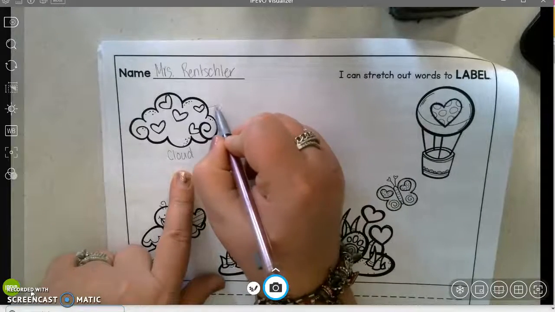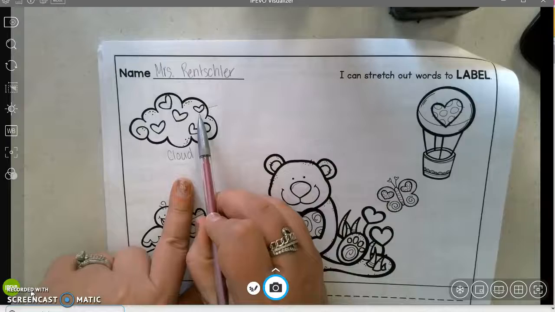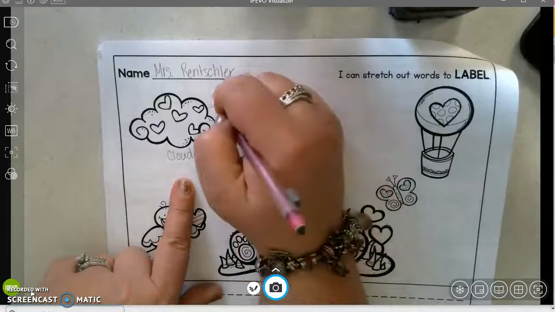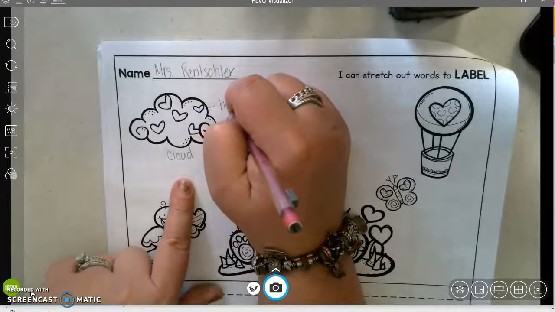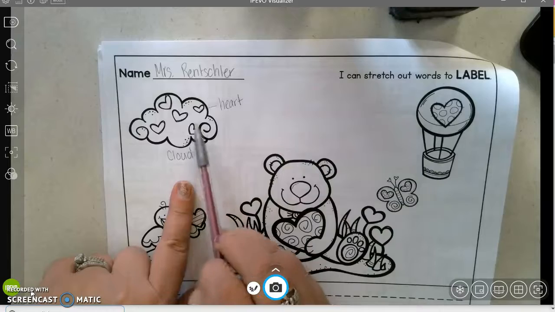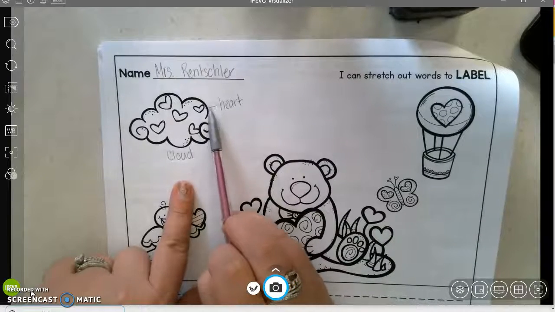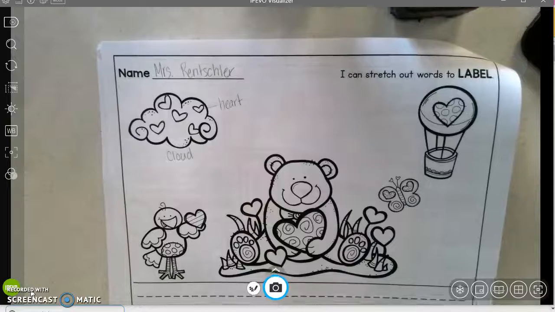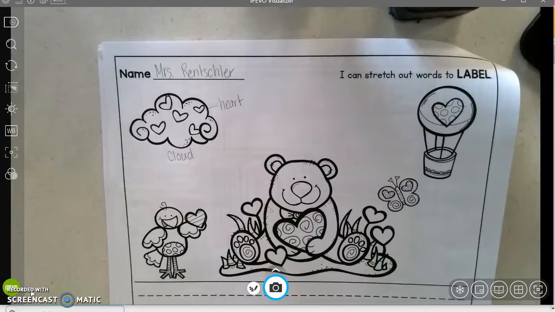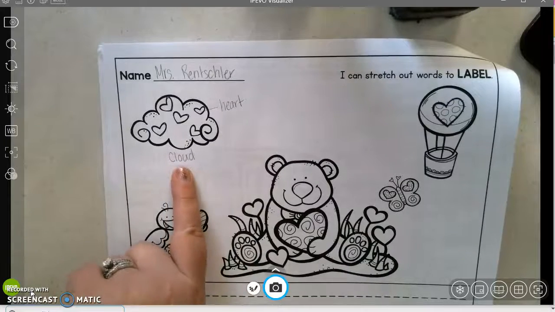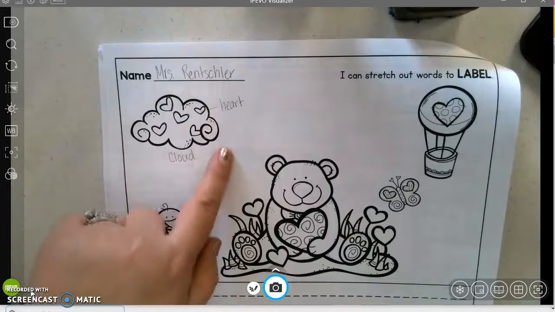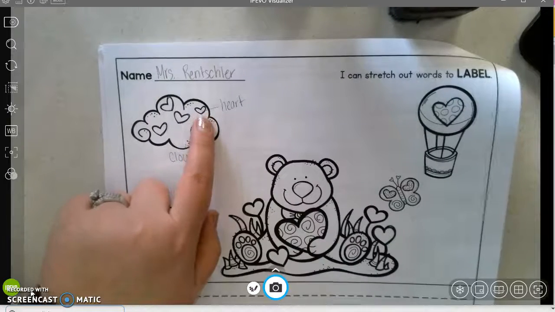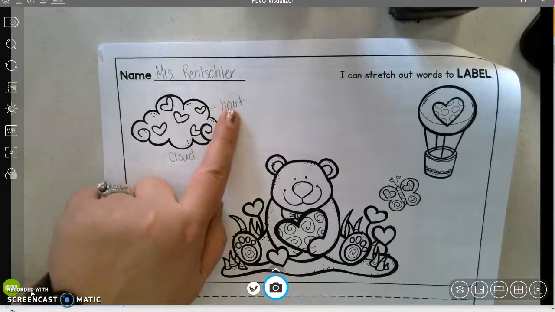Another way to label is to draw a line from the object to the word that you're labeling. So I drew a line from the heart to the word heart.